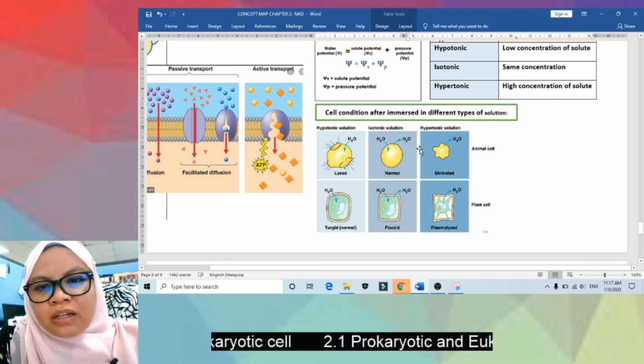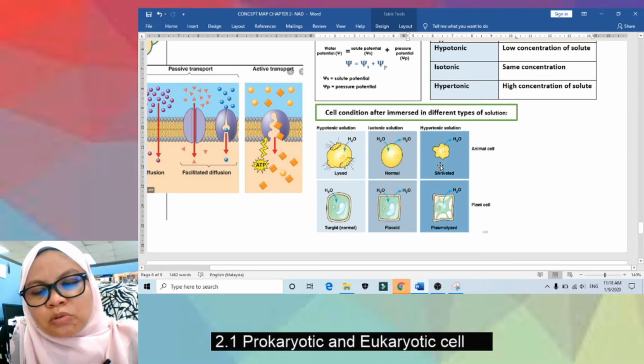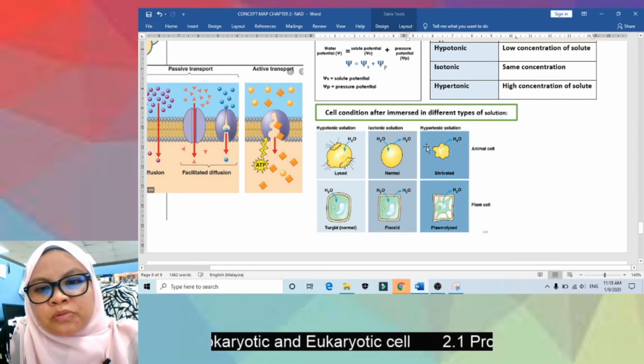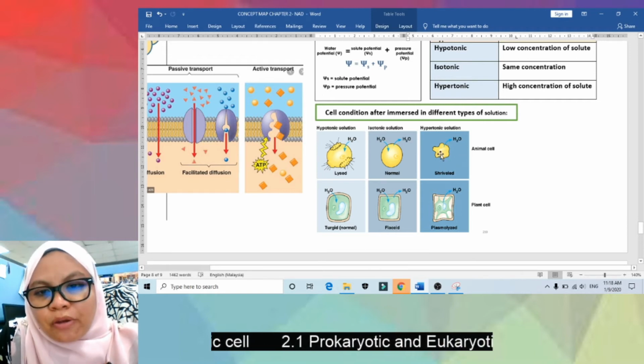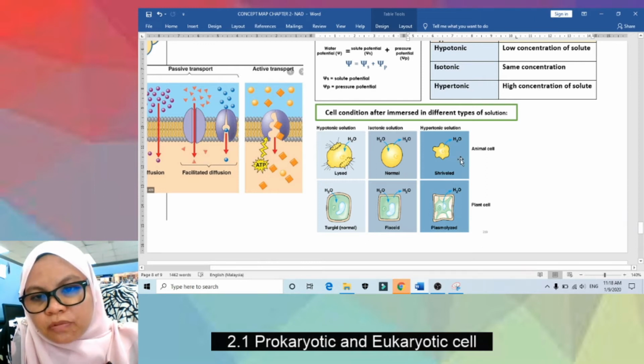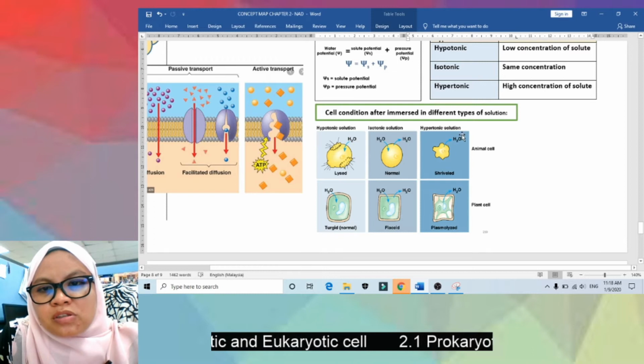And then in hypertonic solution, when an animal cell is immersed in hypertonic solution, the water potential in the cell is higher compared to the solution. So water will move from high water potential to low water potential. So what is the consequence? The cell will lose water, so the cell will shrink.